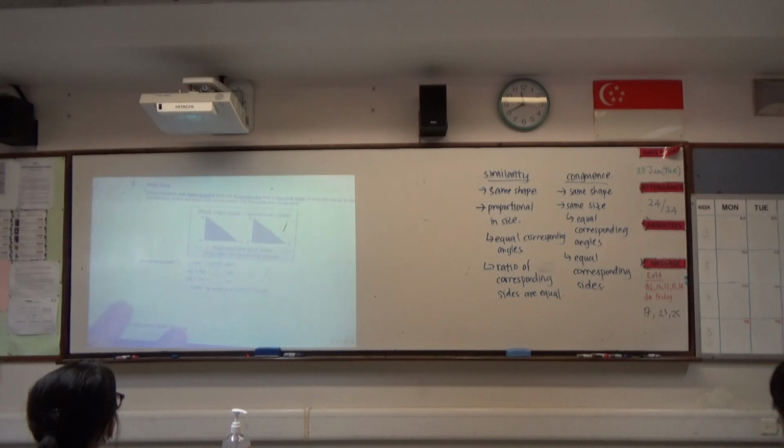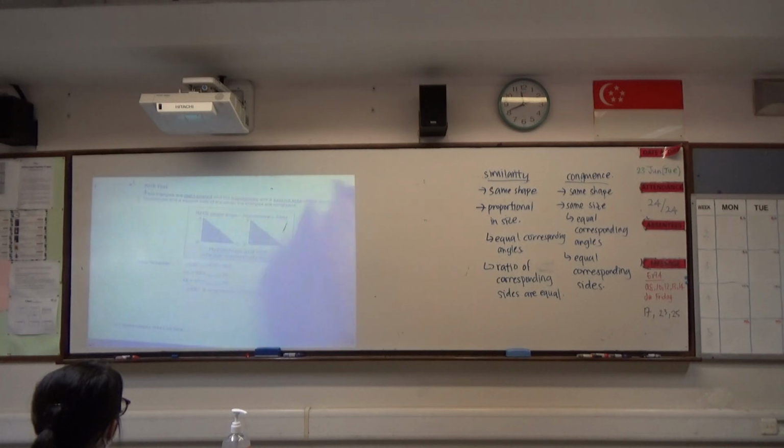And the last one, RHS, which very strangely, many people think about using right hand side, although we use that as a short form for right hand side. But RHS stands for having a right angle, a hypotenuse, and a second side. I want to be clear that it is not always when you have a right angle triangle that we must use the RHS test.